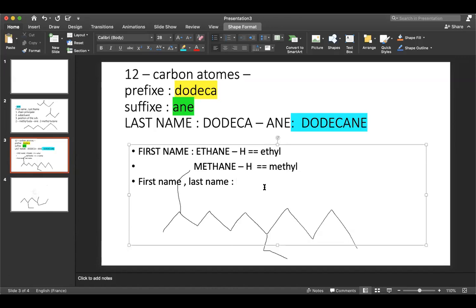So let me write it. We're saying this is ethyl at position number 5. This one is at position number 3. So when we're naming it, we're saying the longest chain is this one.